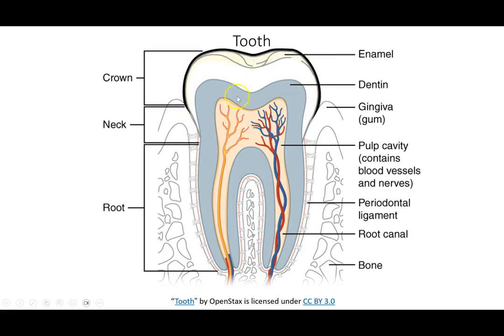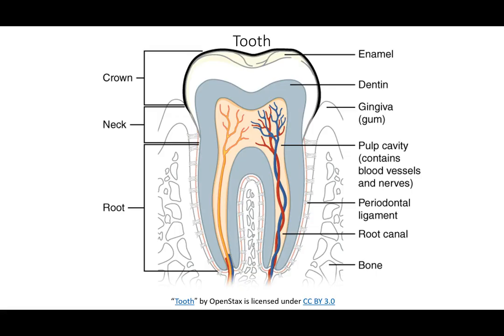The dentin is this material right here in between the enamel and the actual pulp cavity. Dentin is a bone-like tissue. It has that very strong property that bone does without actually being bone specifically. So the dentin still offers a lot of strength and stability to the tooth.